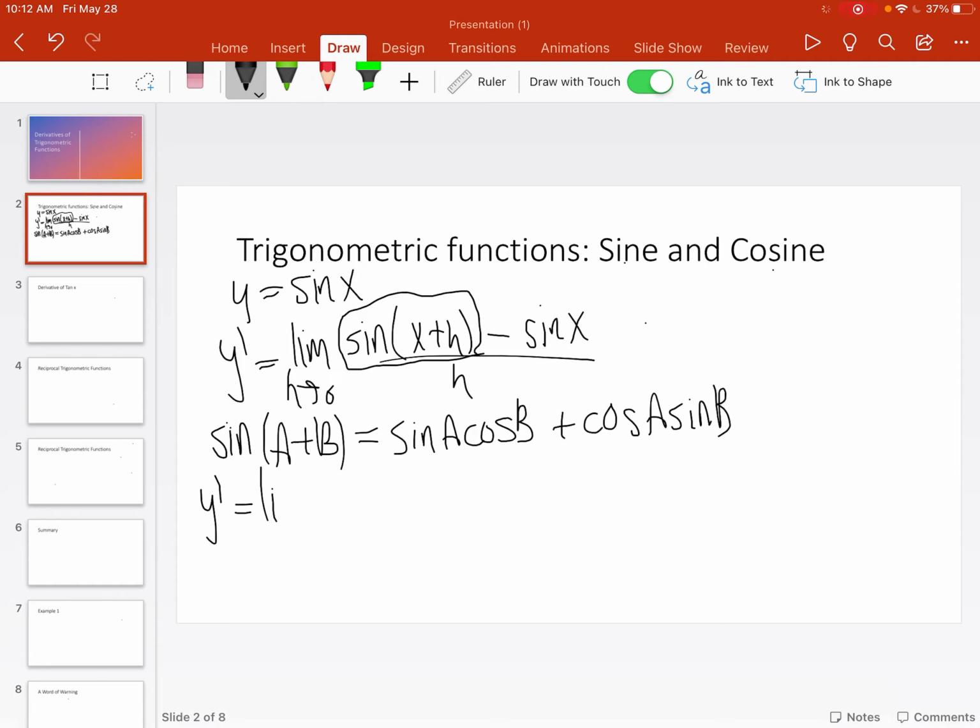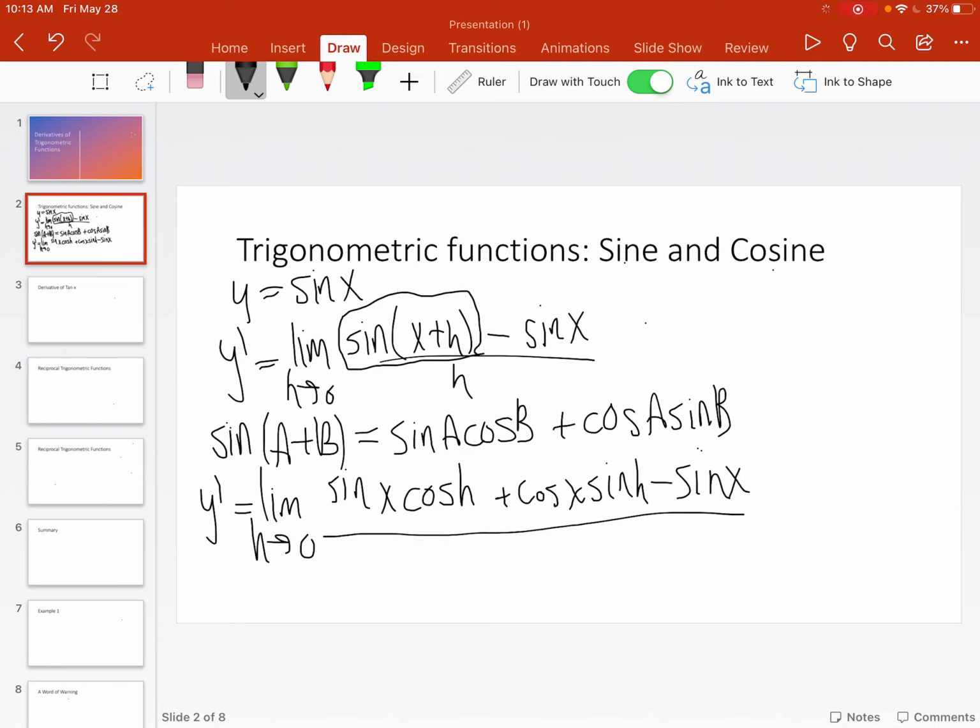Simplifying this, we get the limit as h approaches 0 of sine x times cosine h plus cosine x sine of h, and this is not the hyperbolic sine or anything, this is just cosine, minus sine x all over h. There we go.